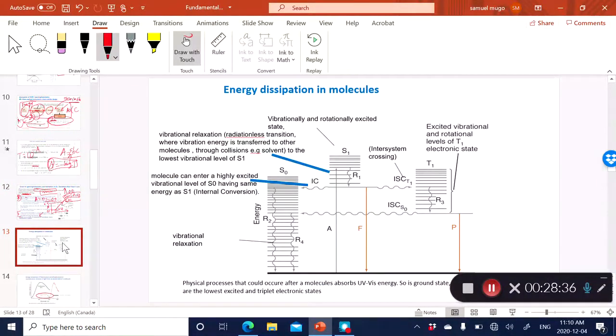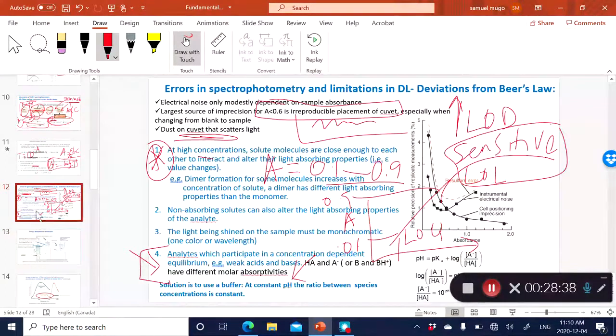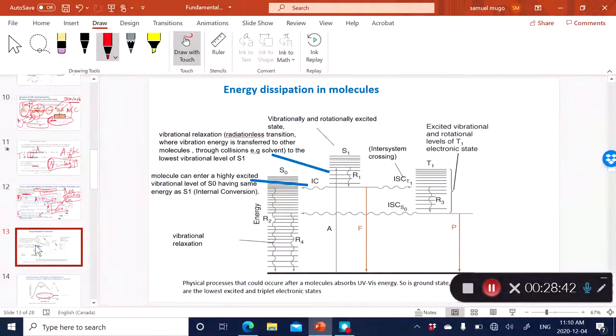So other than absorption spectroscopy, you also have other types of spectroscopies. Remember, absorption spectroscopy, like I have said, is based on electrons transitioning from a low energy level to a higher energy level after the molecule absorbs light. But remember, electrons never stay in high energy levels.